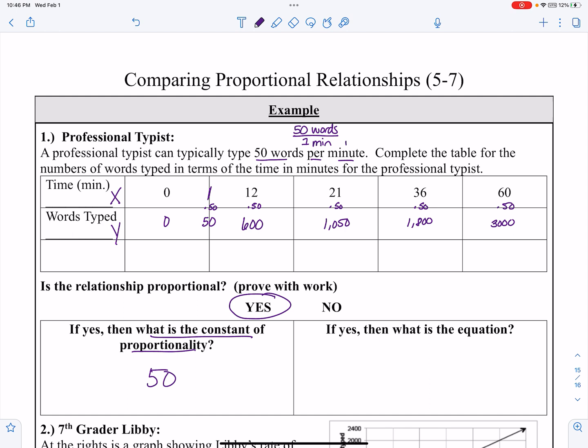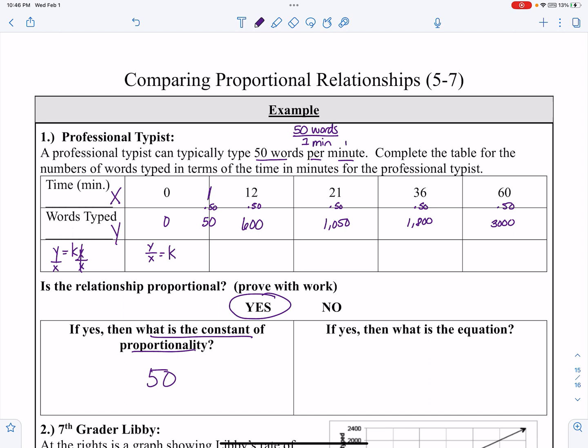But we also could prove it by doing our Y over X equals K, our constant of proportionality. Remember, we got that from Y equals K times X. You divide by X on both sides, and you end up with Y over X equals K. Just a reminder of how we got that.